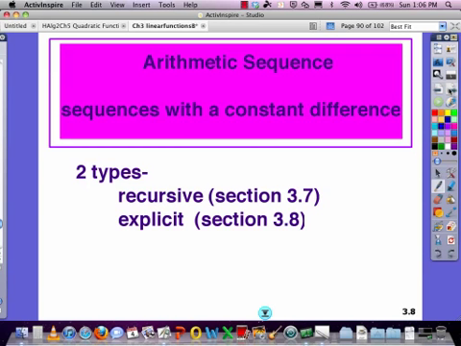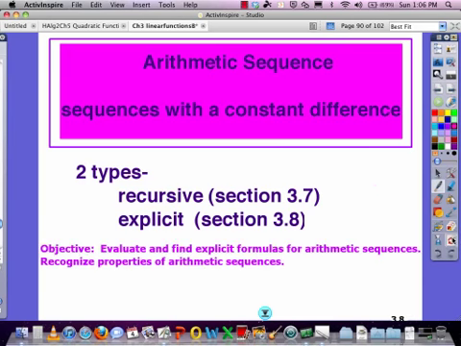That constant difference could be add 3, add 3, add 3 all the way through, or it could be add a negative 2. Some people will say it's a constant increase or a constant decrease, but it has to be that addition or subtraction component, and it has to be the same number over and over again.